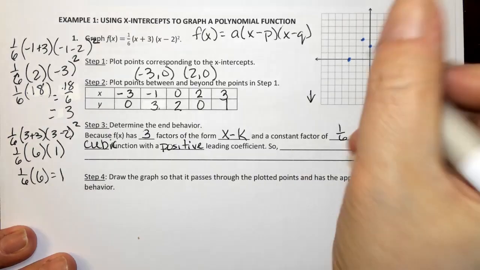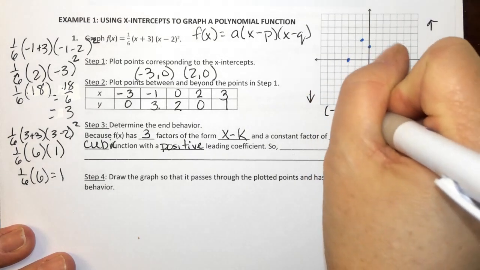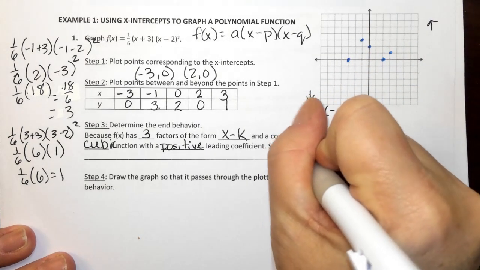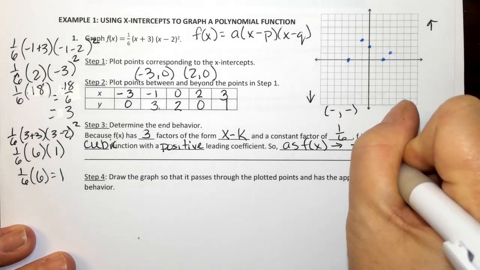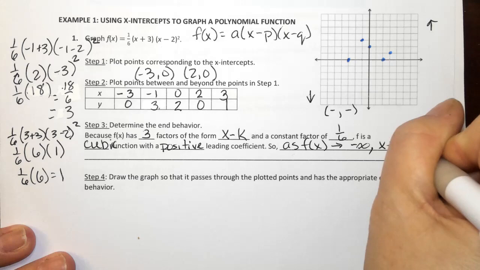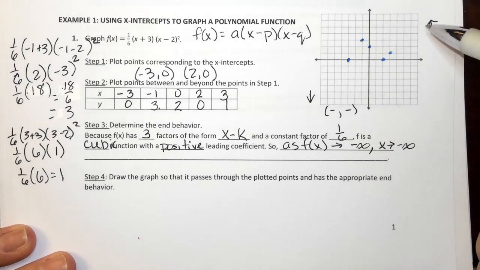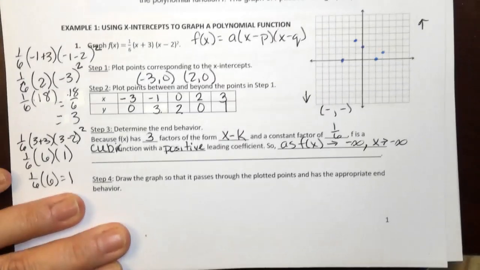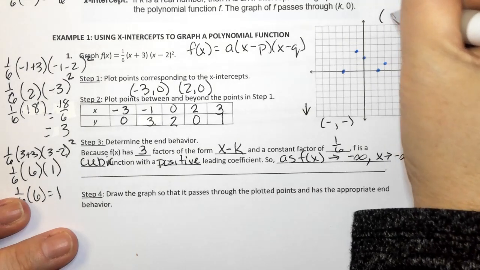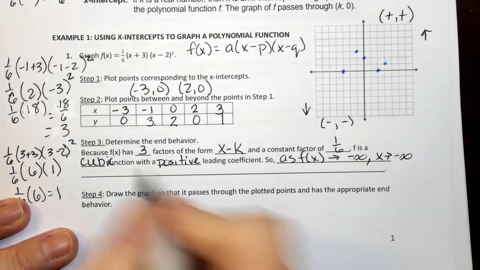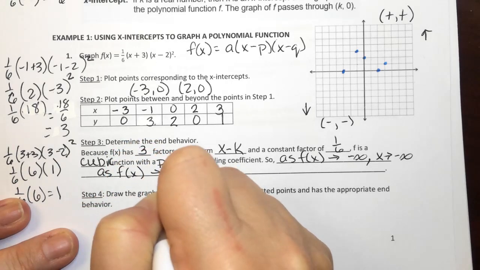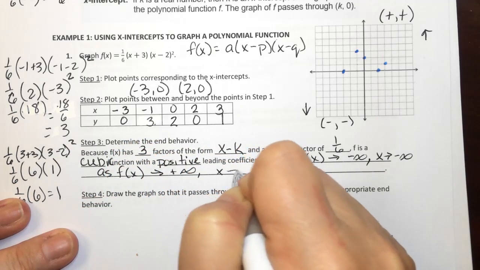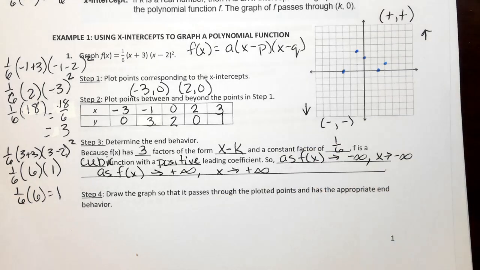Well, the values in this quadrant are negative, negative. So as f of x approaches negative infinity, x approaches negative infinity. Well, what are the ordered pairs in this quadrant? They are positive, positive. So as f of x approaches positive infinity, x approaches positive infinity.